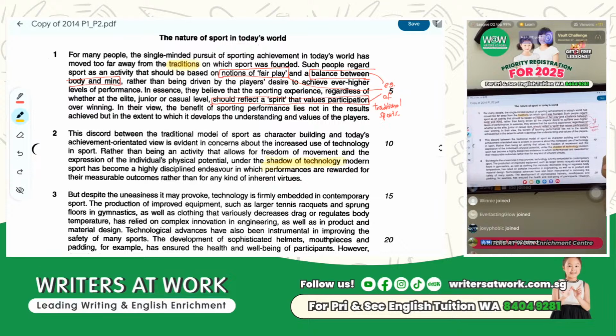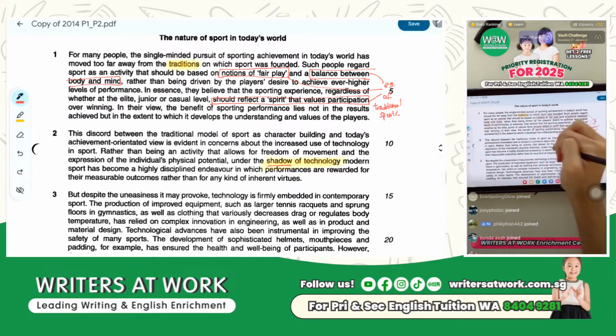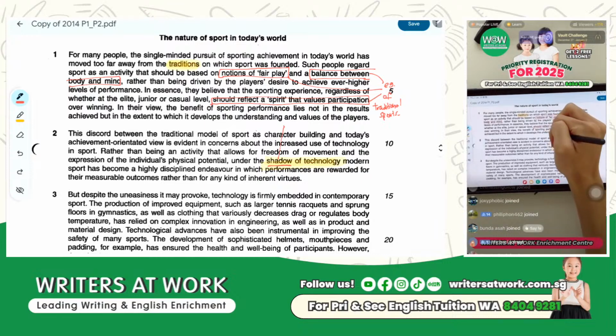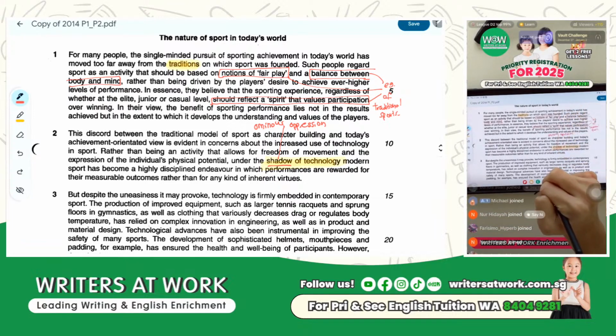All right. And therefore, this shadow here is what we are looking at now, right? The ominous oppression of something. And this is also linked to our question where they ask about how the writer disapproves.